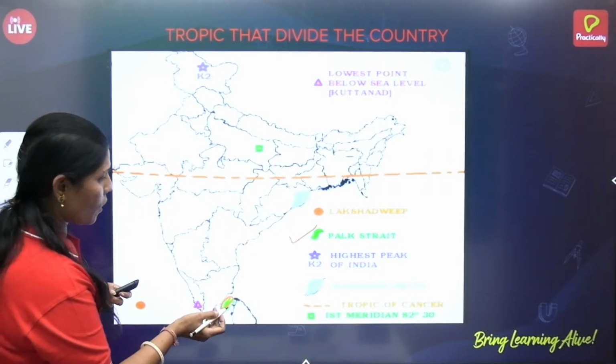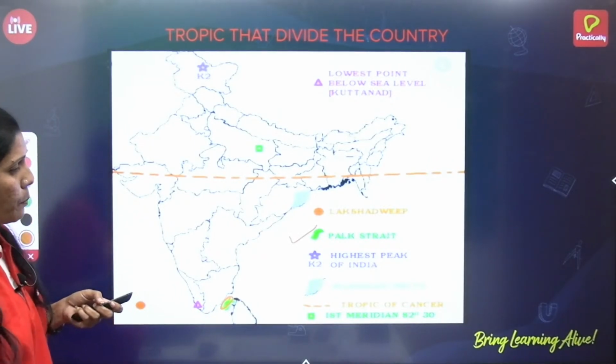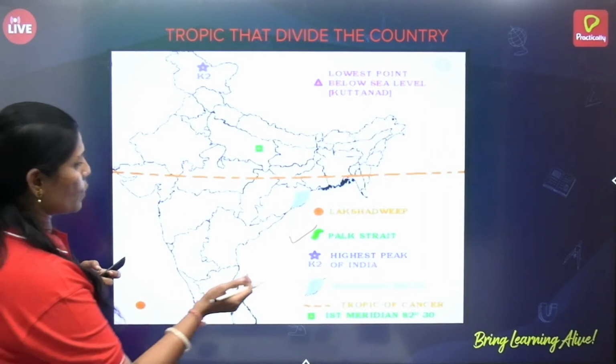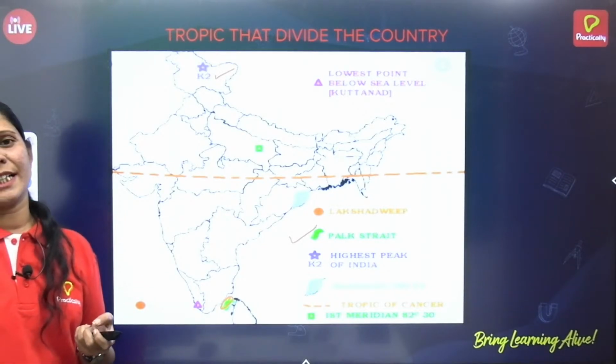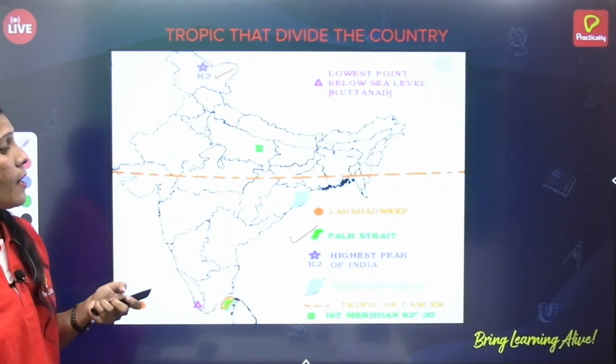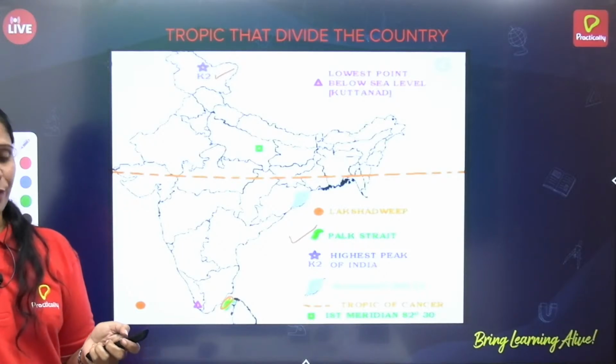You can also find some peaks on this map. We will go into detail on the Himalayas, important peaks and deltas in the physical features.